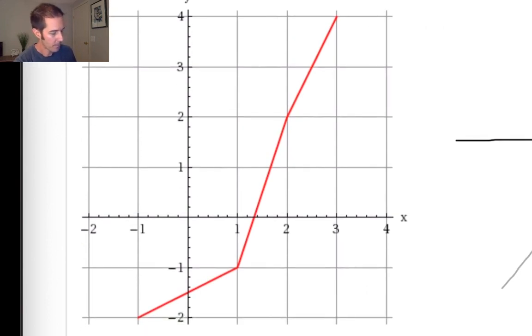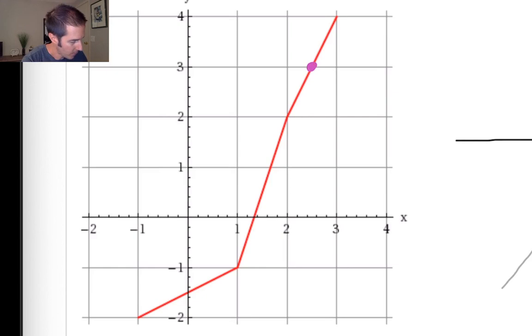For example, let's take, where's a good one? Let's look at this point up here. This point is about 2.5, 3. Which means that the point on the inverse graph should be 3, 2.5. So let me go over 3 and up 2.5.